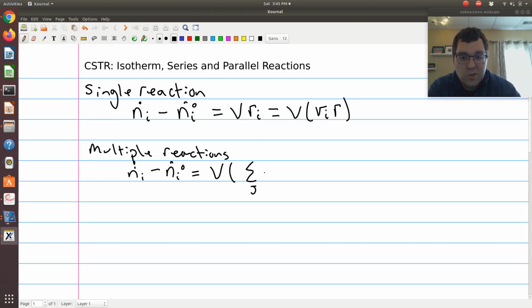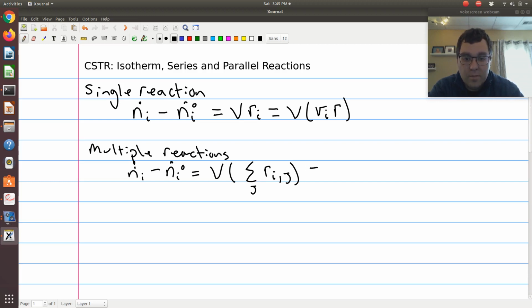So it'll be the sum over j of Rij, the species-specific rate in each reaction j. So if I had two reactions going on like we have here, this would be Ri in reaction 1 plus Ri in reaction 2. And again, we'll write this out shortly.